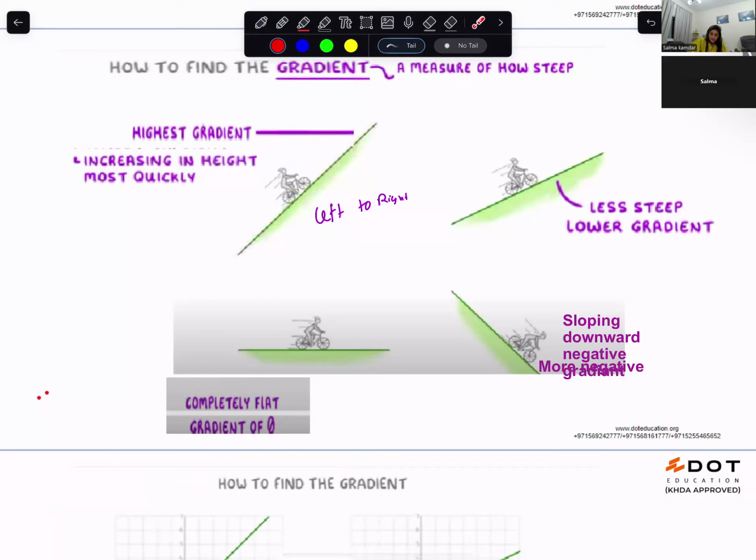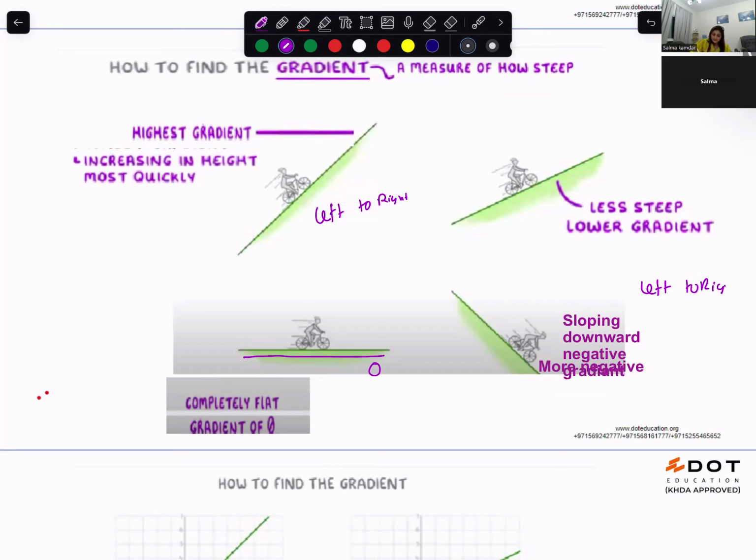If the line is sloping downwards, it slopes downwards from left to right. Everything happens from left to right. You should know this. If it is going upwards from left to right, it has a positive gradient. If it is going downwards from left to right, it has a negative gradient.